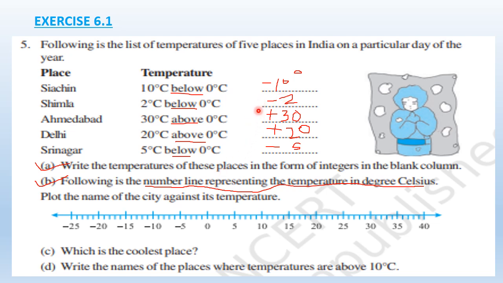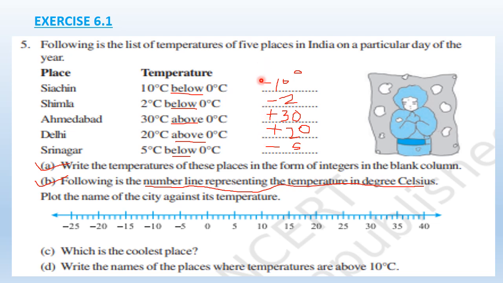So here see minus 10, minus 2 and minus 5. These only have negative signs, means these are the coolest places: Siachen, Shimla and Srinagar.